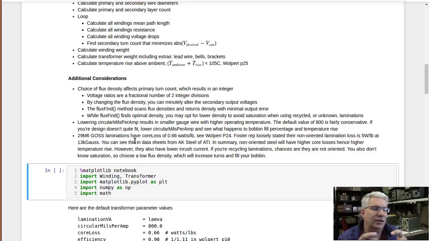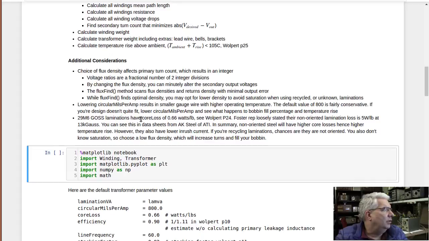And by changing this thing called circular mils per amp, you can opt to have better regulation, which is bigger wire, but then you'll need a bigger window, which means you might have to have bigger lamination. Or you can go smaller at the expense of having an increase in temperature rise. If you go in and play with this code, you can look at all those different trade-offs, and it's really quite easy to do that here.